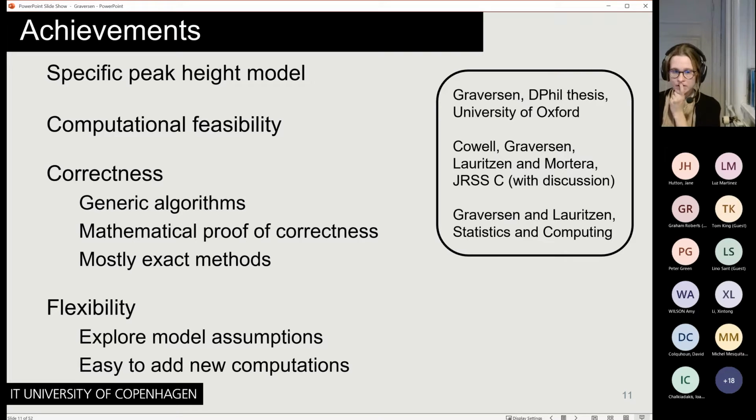And then a lot of work was fleshed out in the monograph that is my PhD thesis on how to get this computationally feasible, how to build a system with as much correctness built into it from the beginning, or let's say a framework that makes it as simple as possible to ensure correctness.